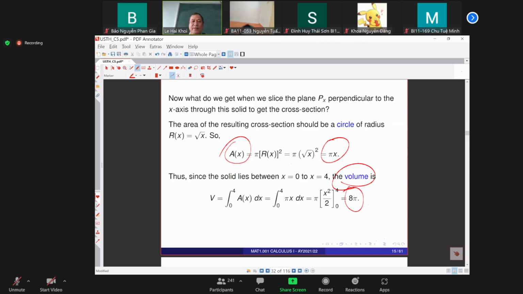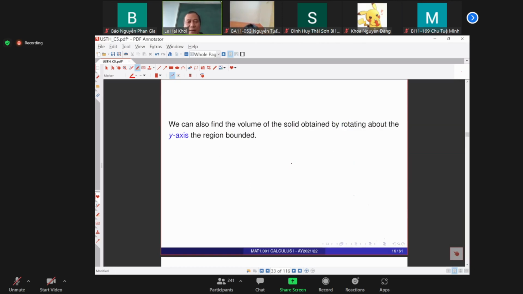Okay. So similarly, you can think about the solid obtained by rotating about the y-axis. Suppose you have that area, and when you rotate about the y-axis, you have such a solid. See, giống như cái đĩa bay.